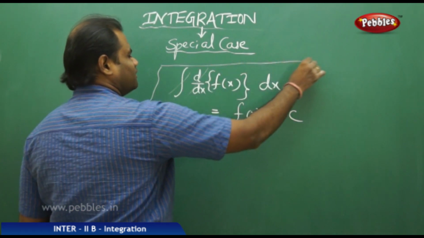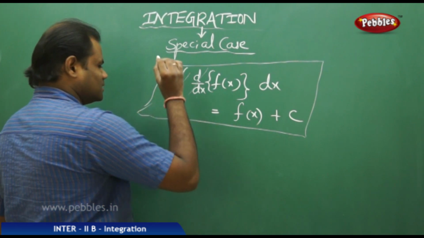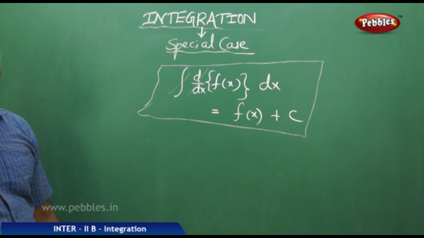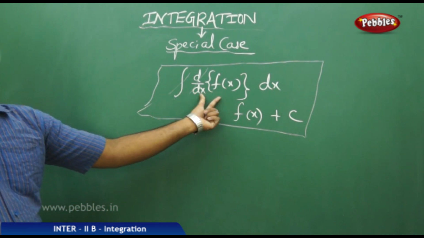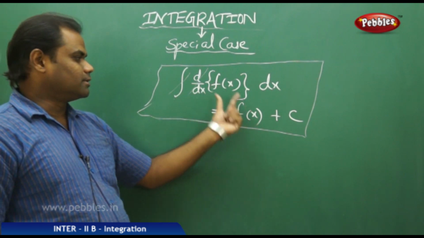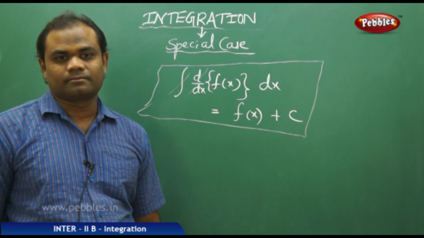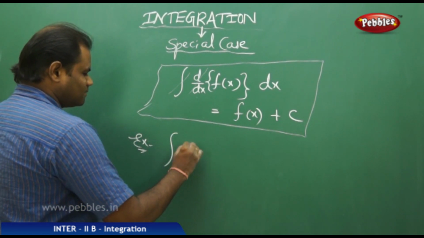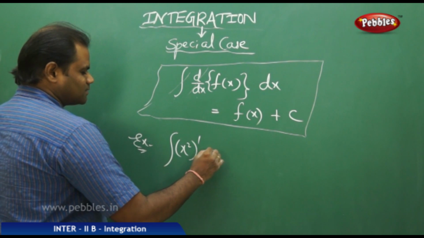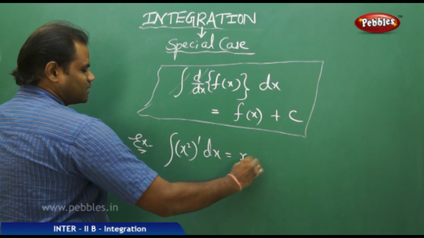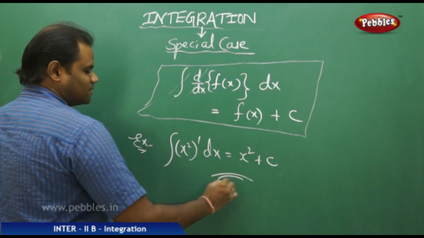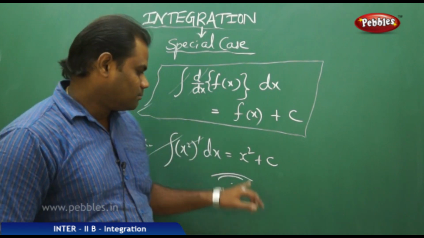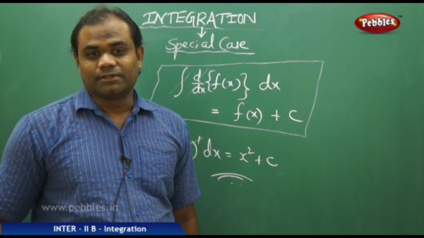So the integral of the derivative is f of x plus c, which is how we understand integration connected with derivative as nullifying or cancelling each other to give f of x plus c. For example, the integral of the derivative of x squared dx will be x squared plus c, because derivative and integration cancel to give the function itself plus c, the constant of integration.